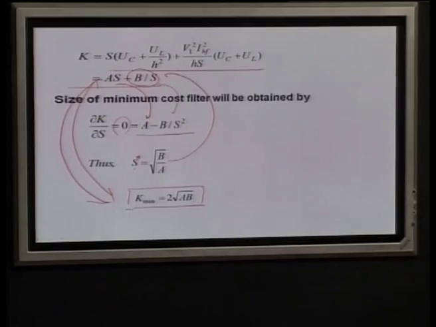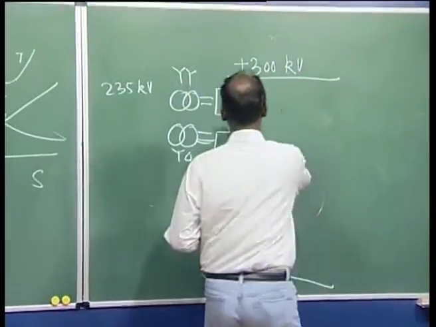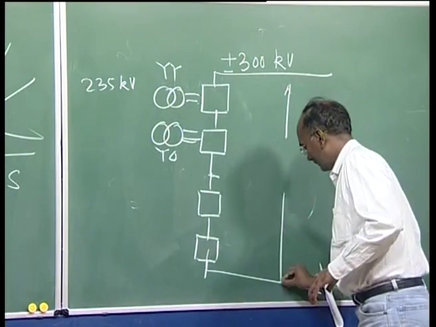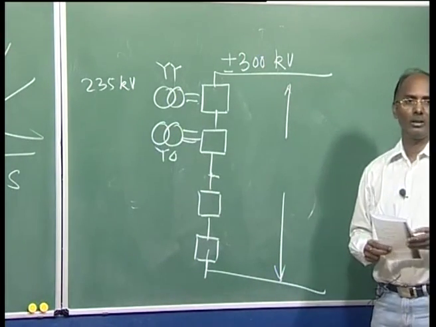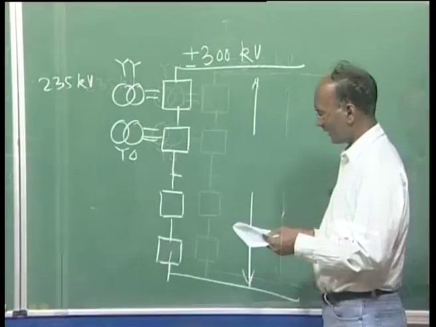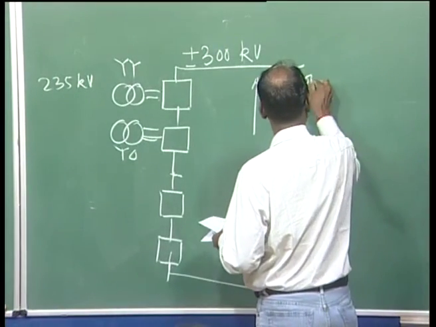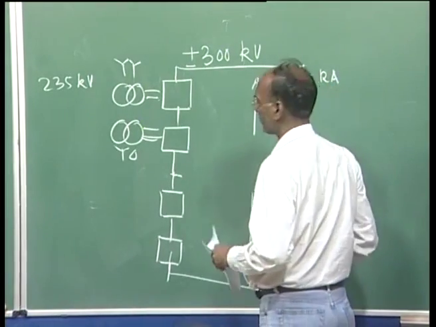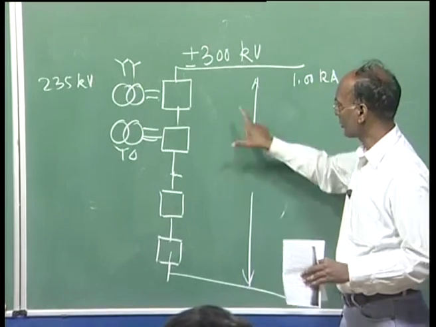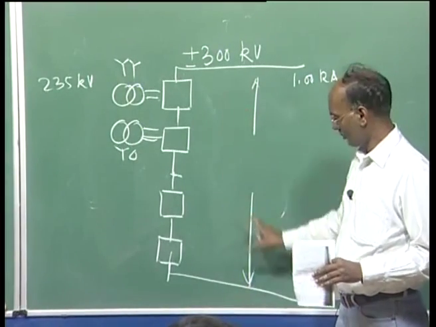Now, you can calculate the current also. Here the total power of this link is given, and the current is given as 1 kiloampere. Now, you can calculate the power, because this is 300 and this is 300.